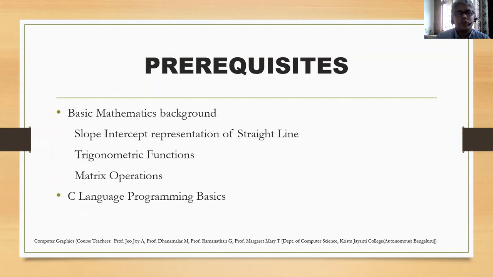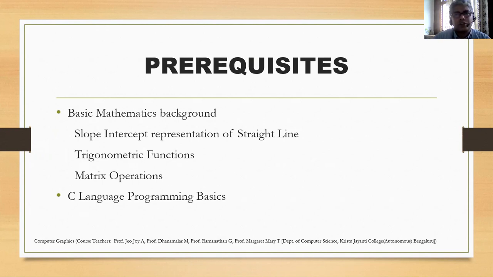Prerequisites for the course. Students are expected to have basic mathematics background, especially in the form of slope, intercept, representation of a straight line, trigonometric functions, and basic matrix operations.